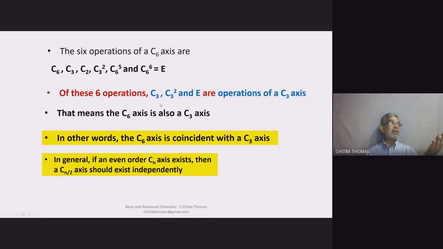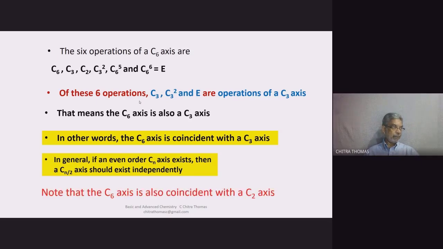So the C6 is coincident with the C2 axis also. You draw the diagram of the benzene molecule and check whether the C6 is also a C3. The C6 is also a C2. Then you will have a full understanding of the various rotational axes present in the benzene molecule.